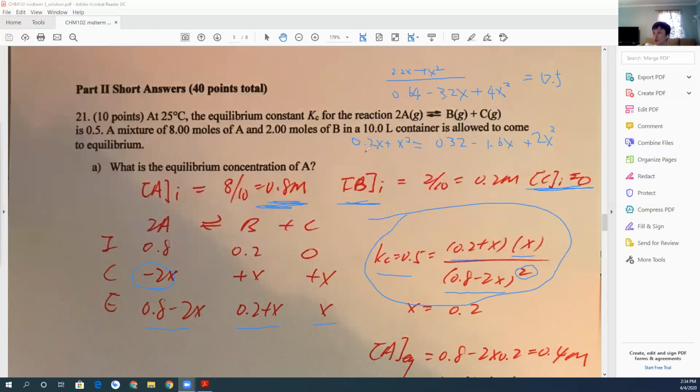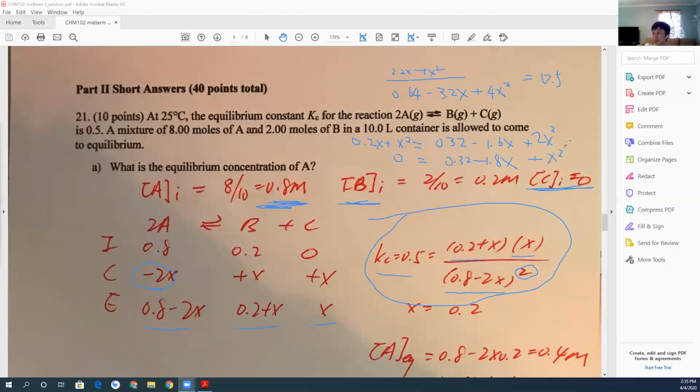So you can move this to the right-hand side, so on this side you have 0. Here you still have 0.32, and then minus 1.6x minus another 0.2x, that's minus 1.8x. And then 2x squared minus x squared is x squared, right?